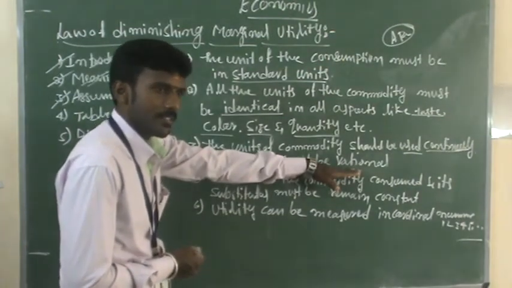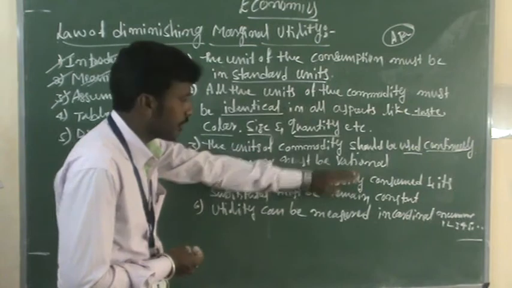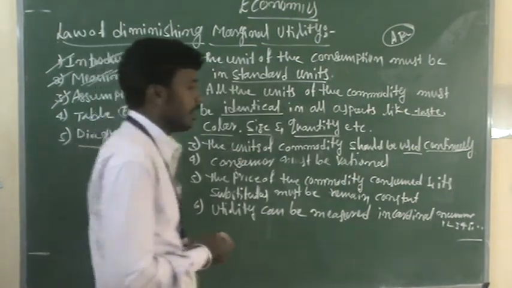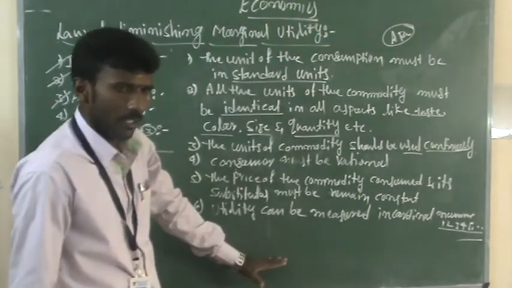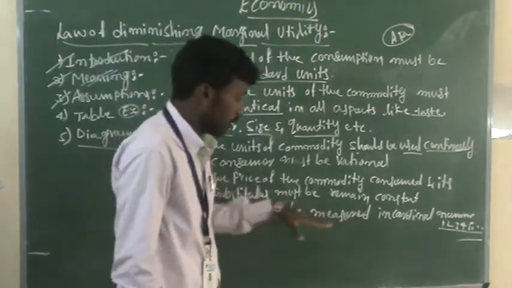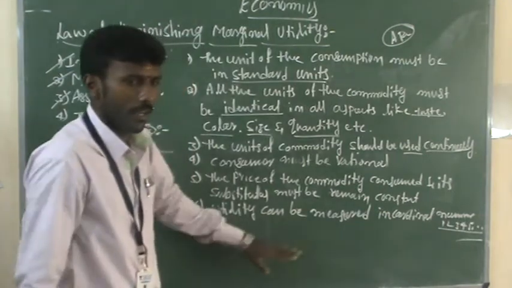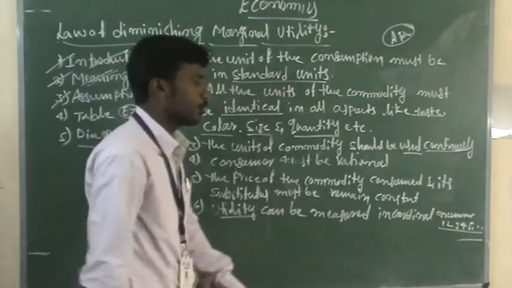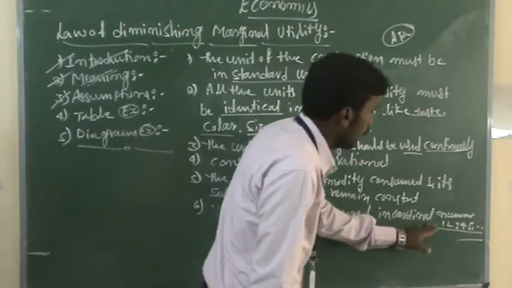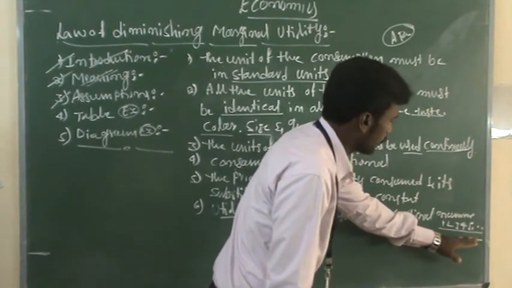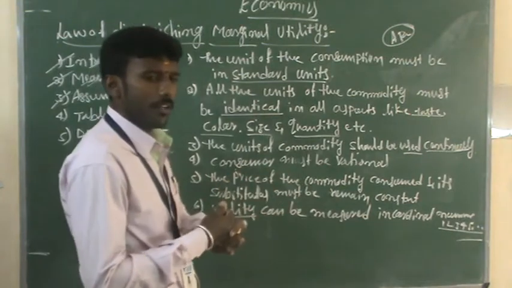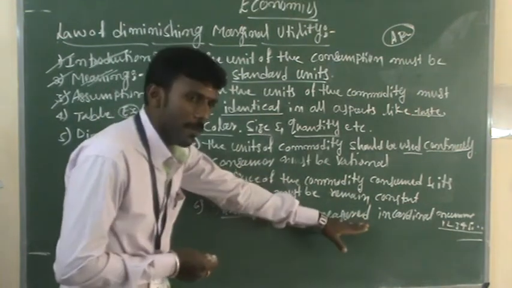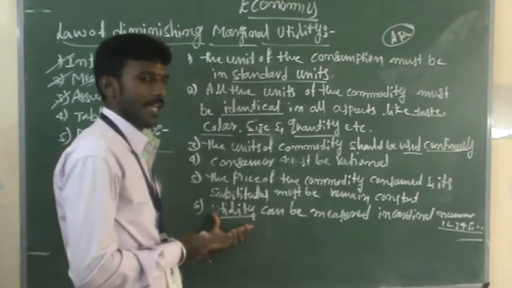That utility or satisfaction we are going to measure in cardinal numbers like 1, 2, 3, 4, 5. It means with the help of cardinal numbers we are going to measure the utility or satisfaction.